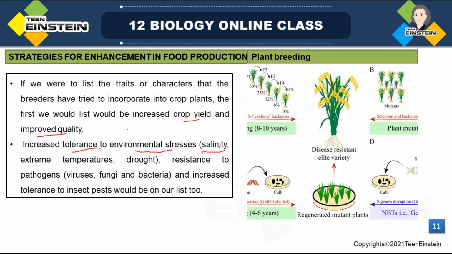See, water is very less, so we need a drought tolerant variety. Then in saline condition also, if it is giving yield, that is very good. So salinity and high temperature tolerance, we need all this tolerance level. We need to increase the tolerance against environmental stress.